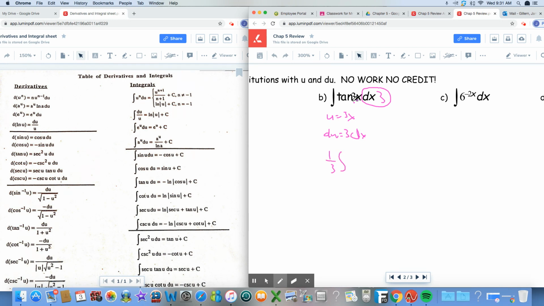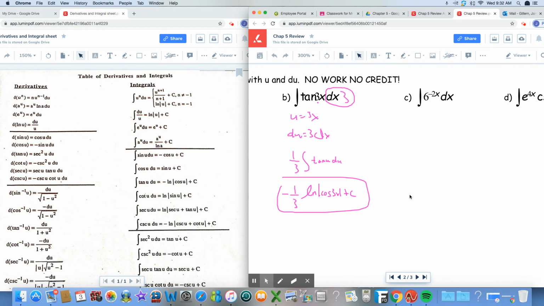Integral of tangent 3x, which is tangent u du. I then move over to my formula sheet and see that the integral of tangent u du is negative natural log cosine u. u is 3x, plus c. All right, and there is my answer.